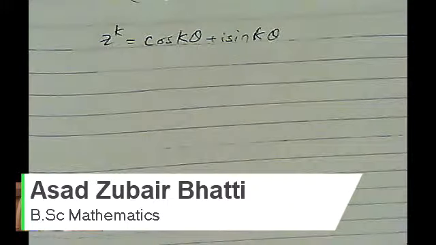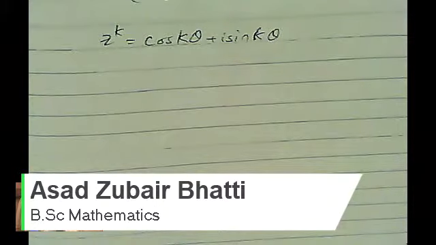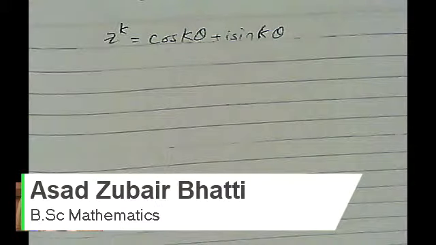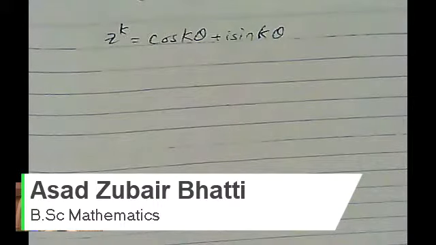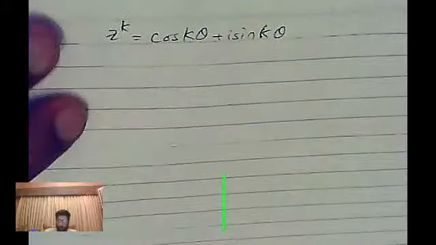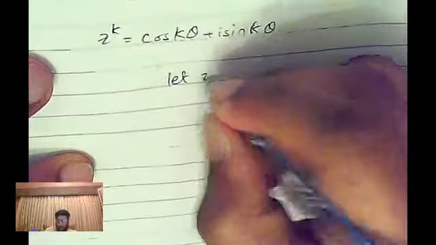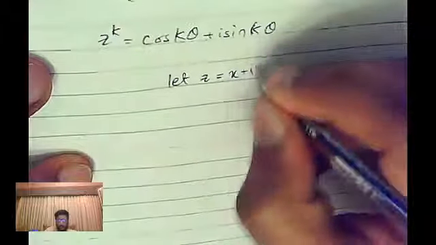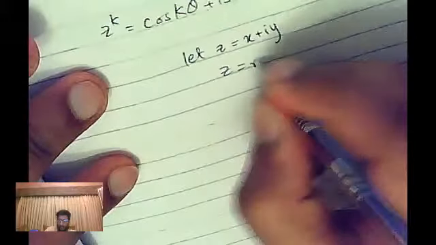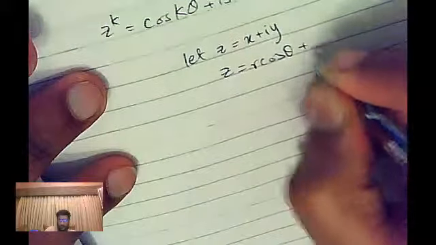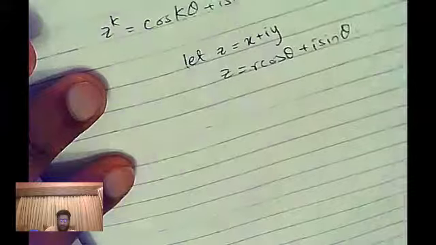My name is Asad Bhatti, and right now I am going to prove De Moivre's theorem using mathematical induction. Now, De Moivre's theorem says that if there is a polar form of a complex number, as we already know, the polar form of any complex number z equals x plus iota y is z equals r (cos theta plus iota sine theta).